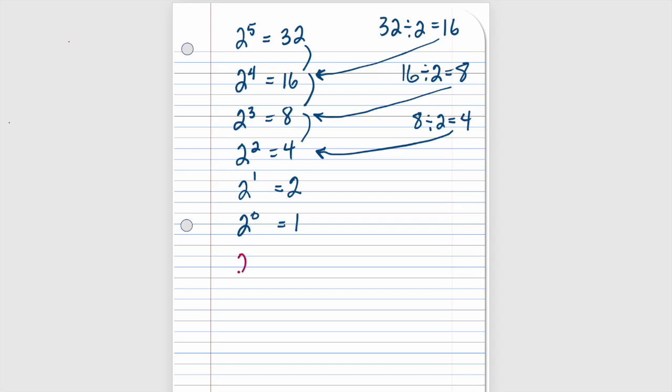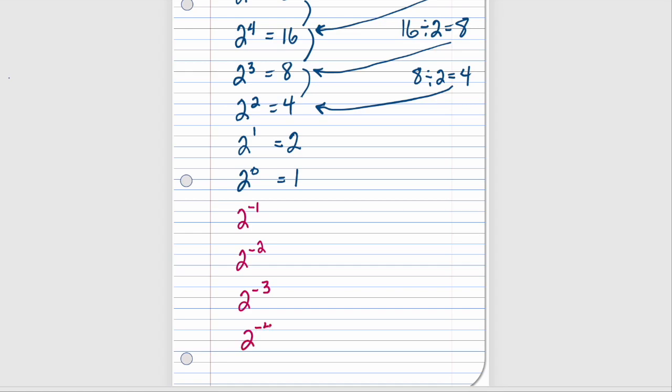Now, how about 2 to the negative 1, and 2 to the negative 2, and 2 to the negative 3, and the one we're working towards, 2 to the negative 4? Well, this one is going to be 1 divided by 2, which is 1/2. And this one is going to be 1/2 divided by 2, which is 1/2 times 1/2, which is 1/4.